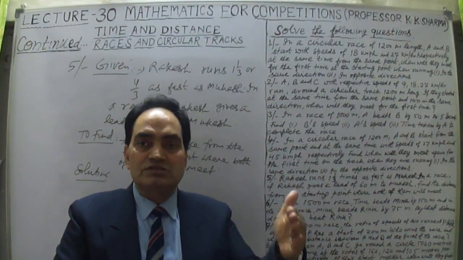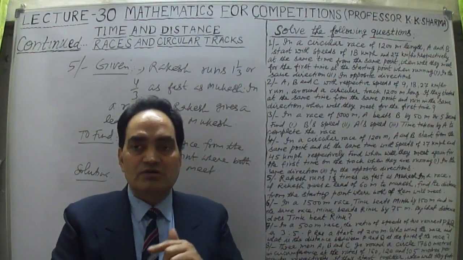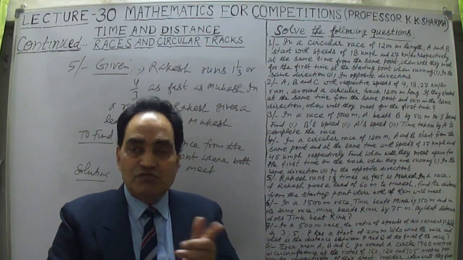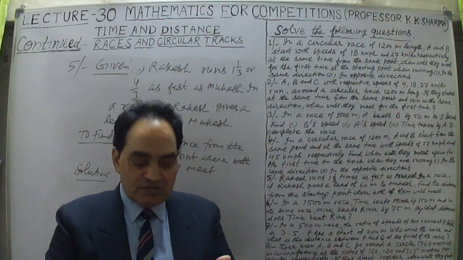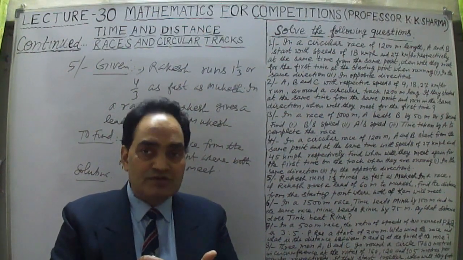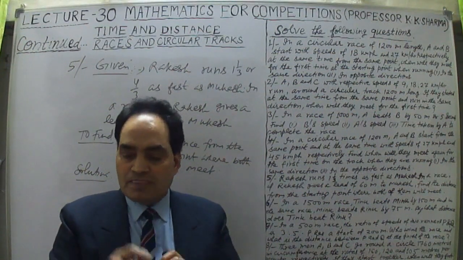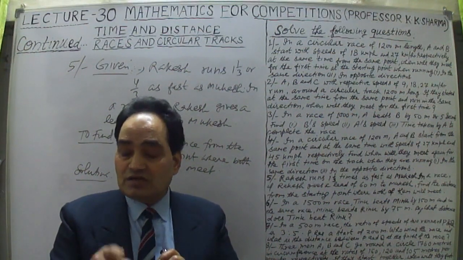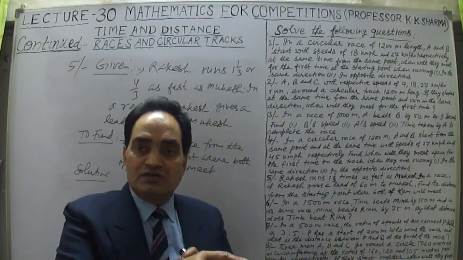But Rakesh's speed is 4 by 3 as fast as that of Mukesh. That means if Rakesh runs 4 meters, then Mukesh runs only 3 meters.